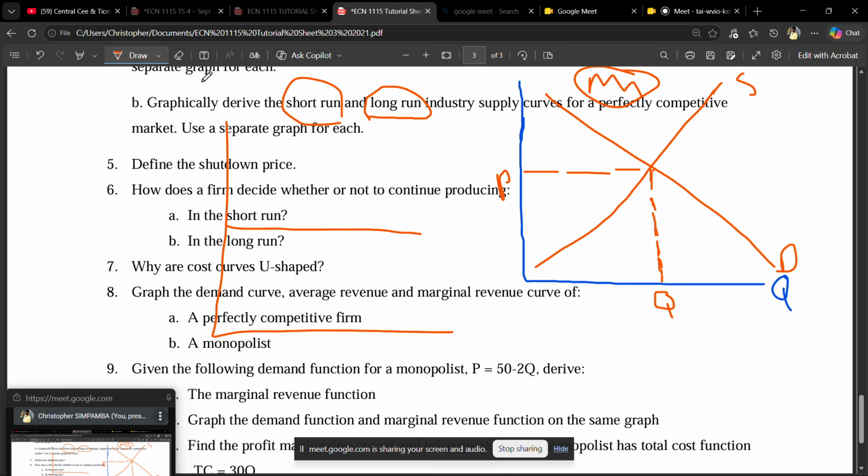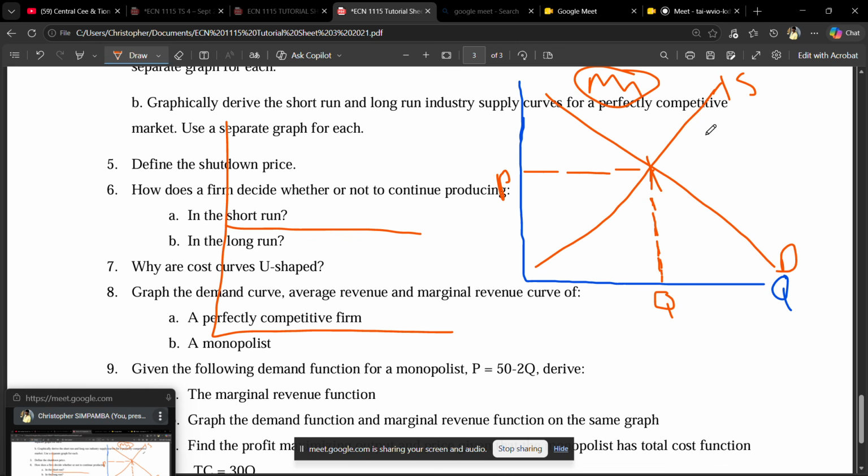But when you are talking about a single firm, in the short run, like I illustrated at first, it is simply the curve of the MC above the AVC, right? And I've explained why it is like that.